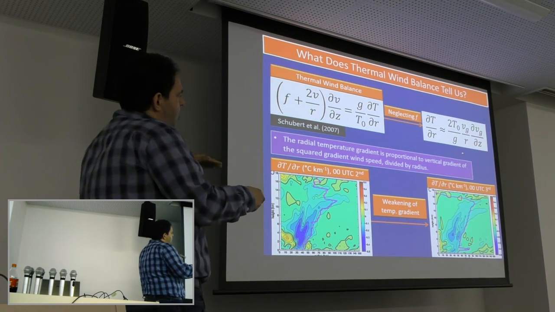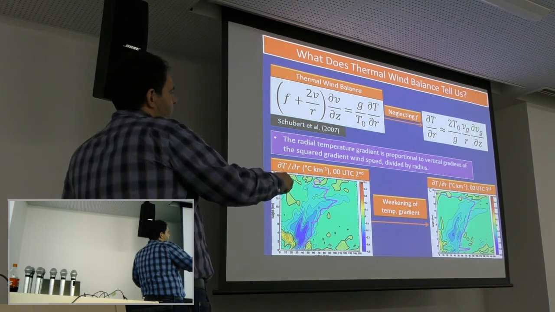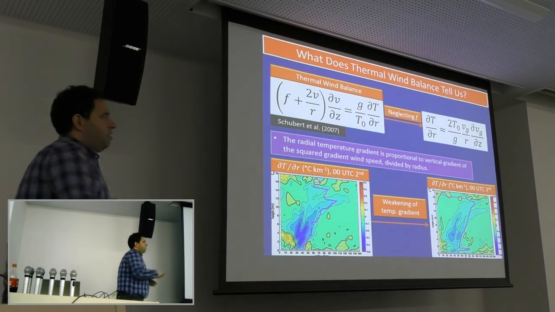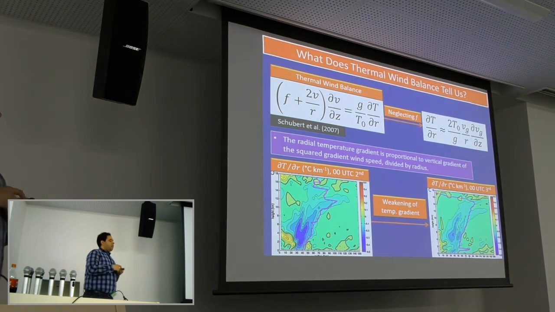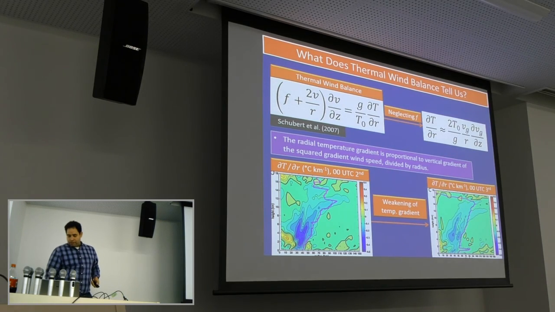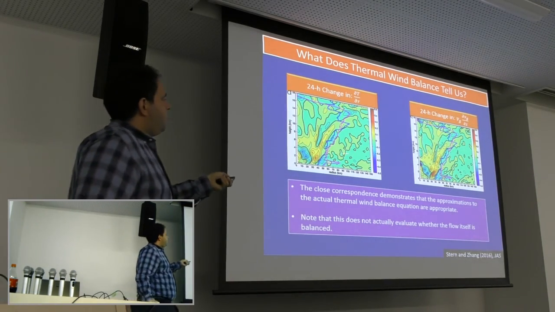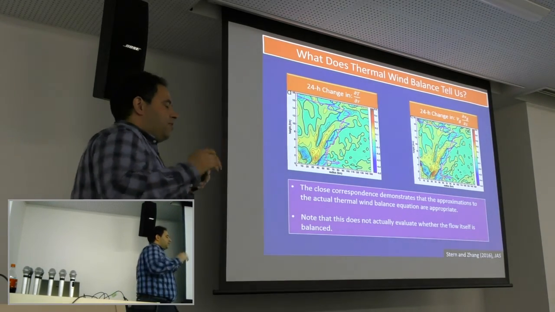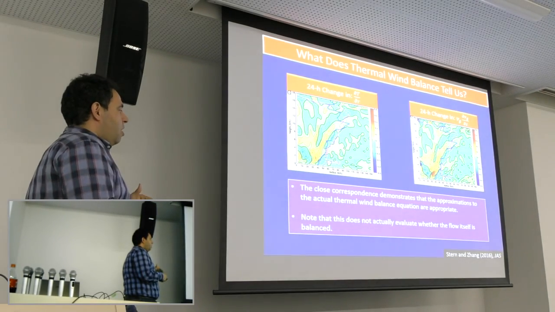R doesn't change in time, and these are constants, so all we care about is how the change in Vg dVg/dz compares to the change in dT/dr. Because if this is a correct formulation, then they should be very similar. And they are very similar. There's close correspondence here. So this shows that this formulation is an accurate approximation to thermal wind balance.